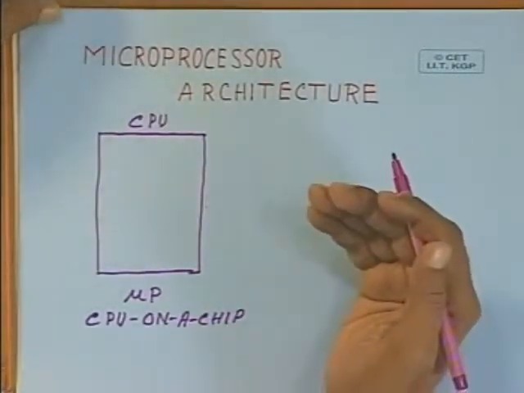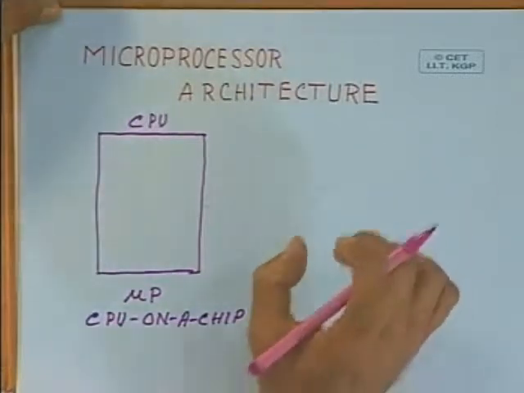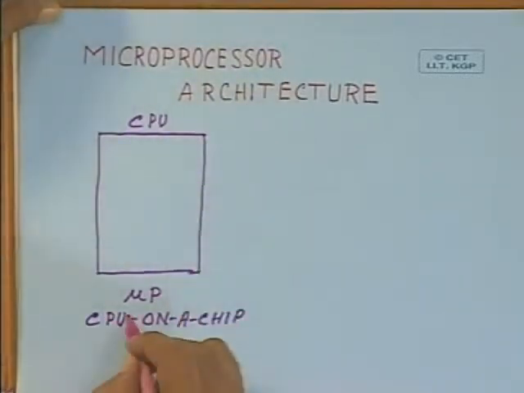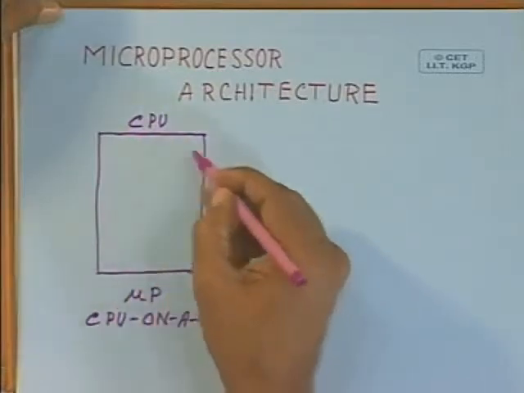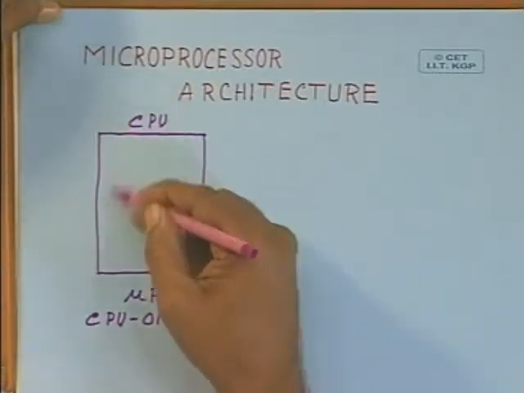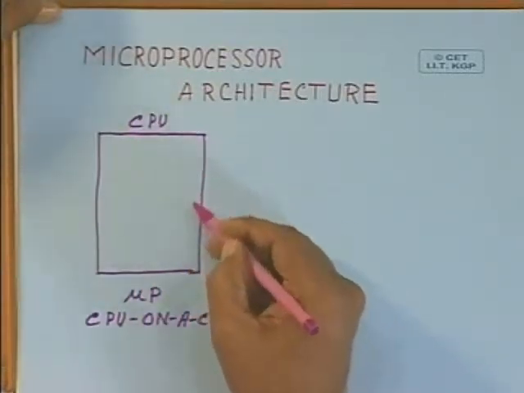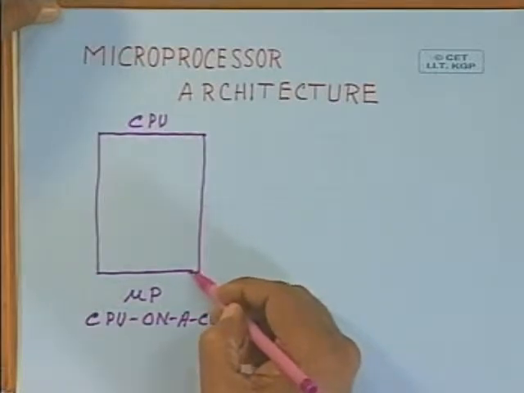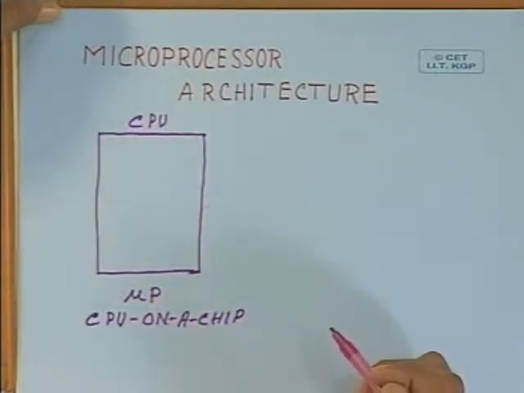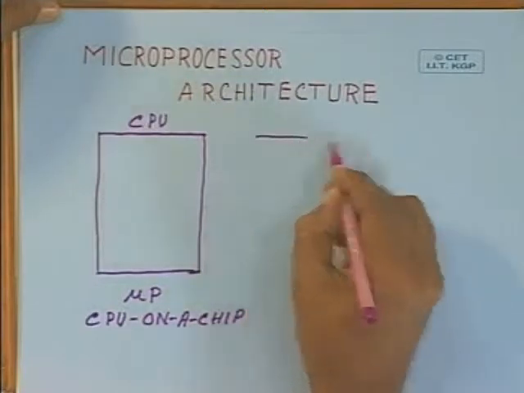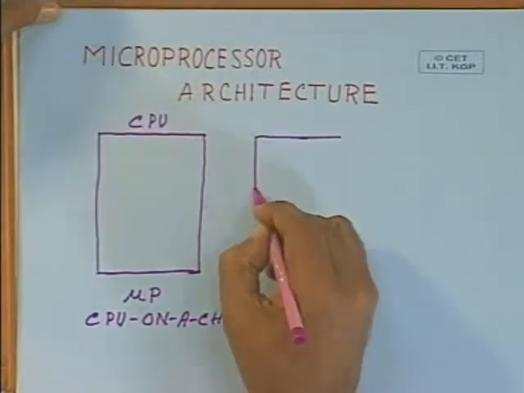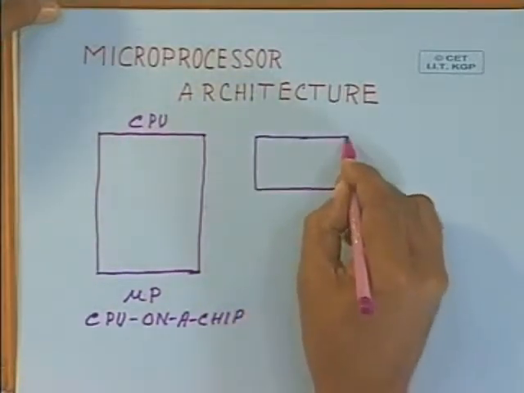All the functionalities of a central processing unit are realized or implemented inside this integrated circuit, and this we call microprocessor.